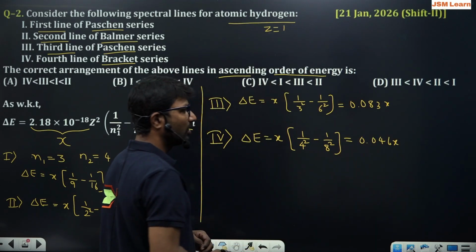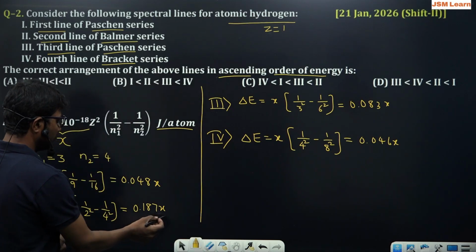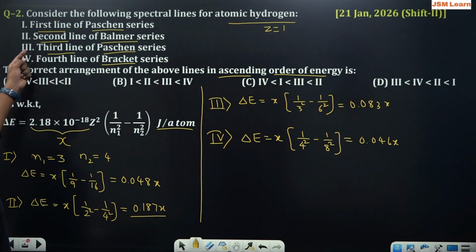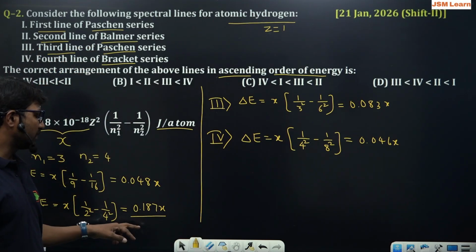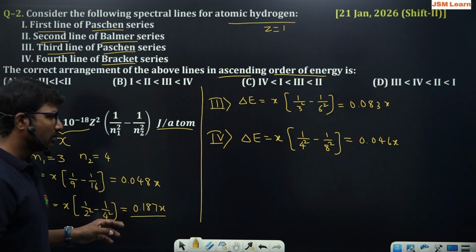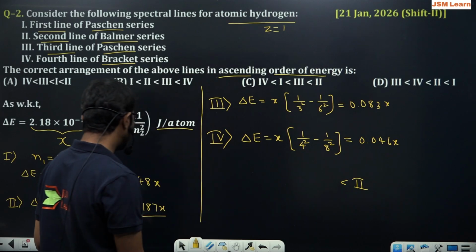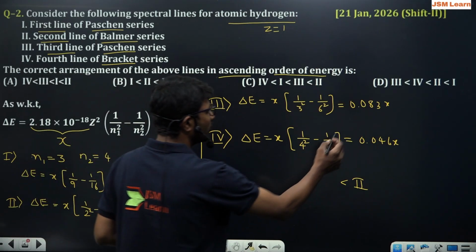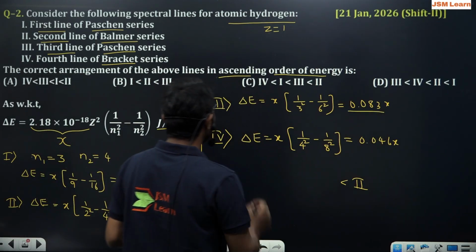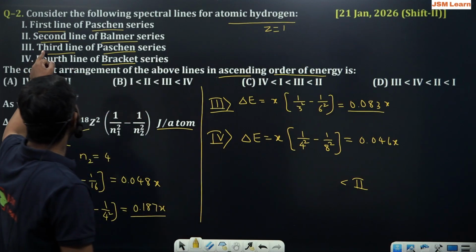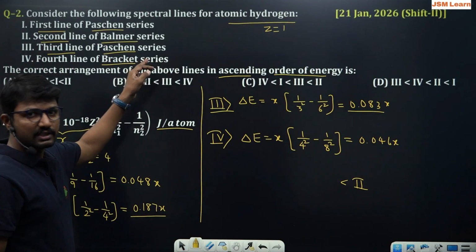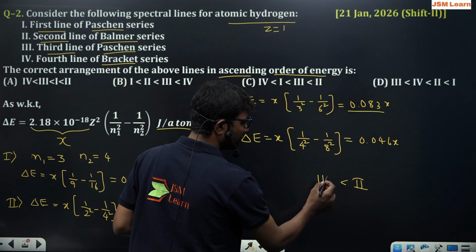If you arrange all these, the energy of the second one, the second line of Balmer series, is much higher compared with all these. So the second one comes first. Then, if you observe, 0.083 is of the third one. That means third line of Paschen series is going to have more energy.